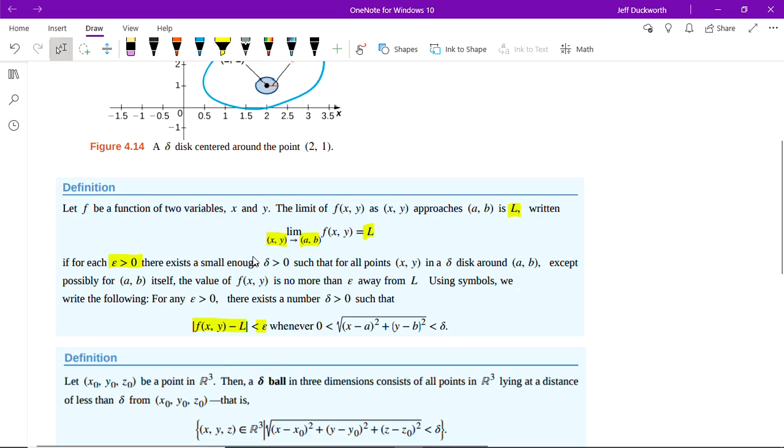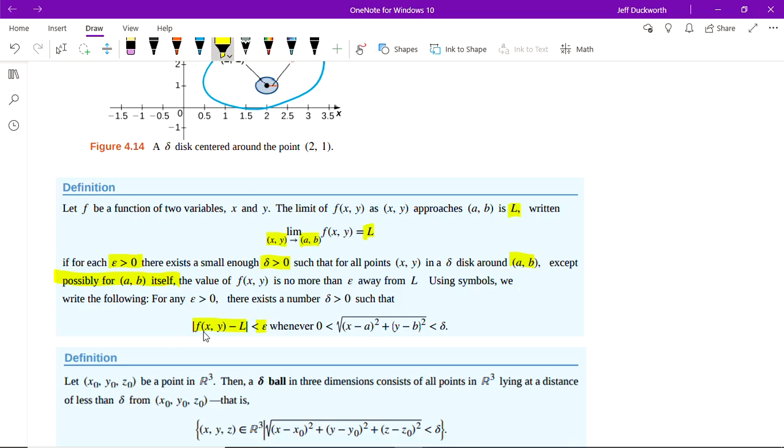Then there exists, that means we can show at least one delta greater than 0, such that for all points x, y in a delta disk around A, B, except possibly for A, B itself, that allows for a possible hole. If you remember from Calculus 1, when you were solving for limits, you could have a limit even if there was no actual value at the spot.